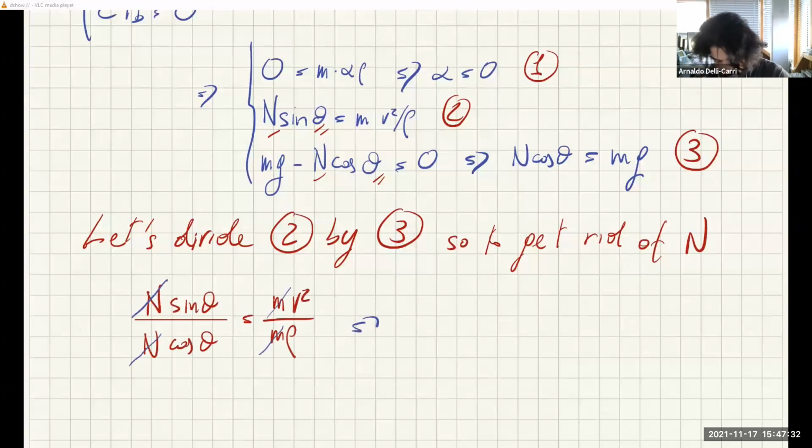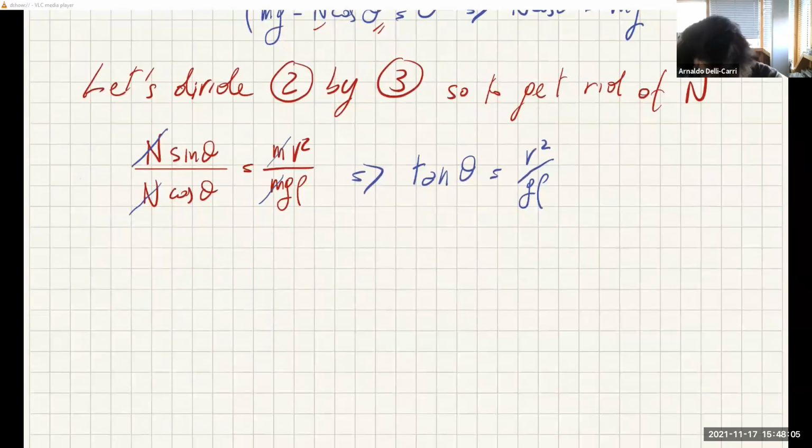So we are left with an equation that is, of course, sine over cosine, which is tangent of theta, which is equal to, am I missing a g? Yes, I'm missing a g here, divided by mg rho. So v squared divided by g rho.